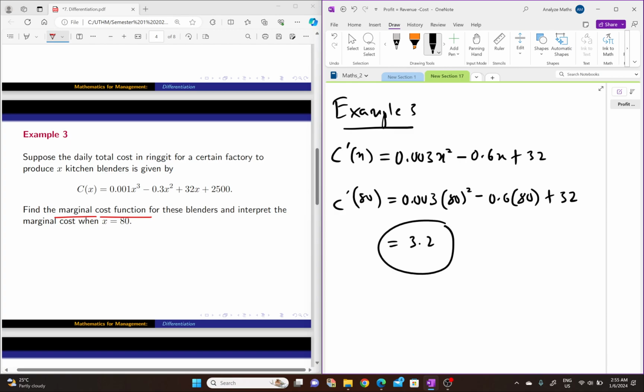So what is this 3.2? After 80 units, the cost increases by 3.2.